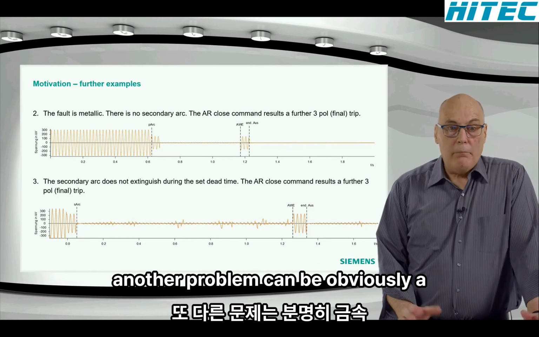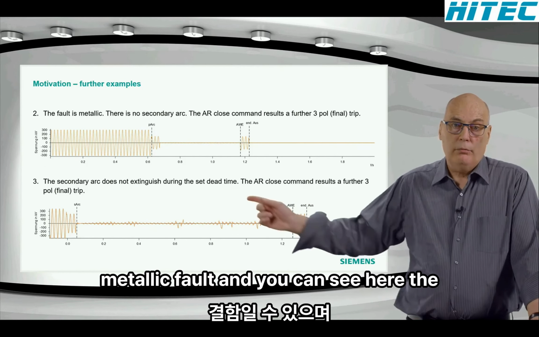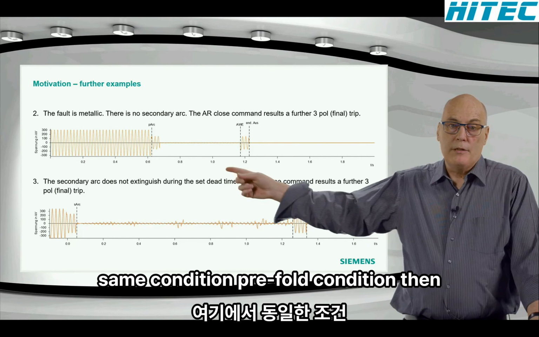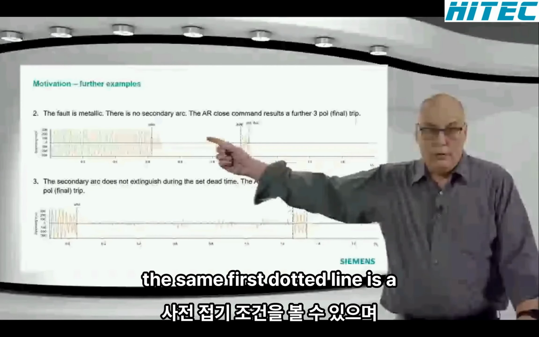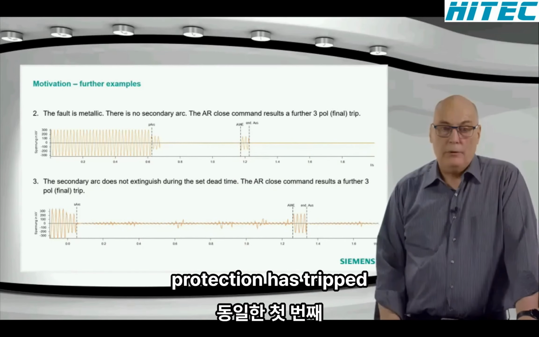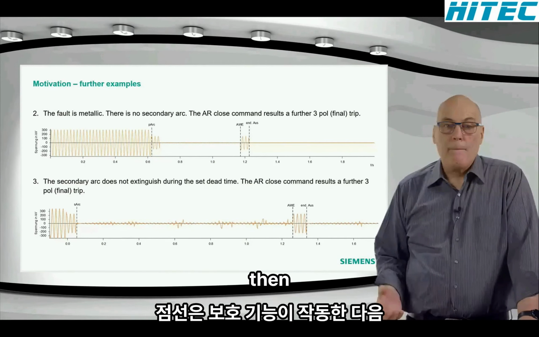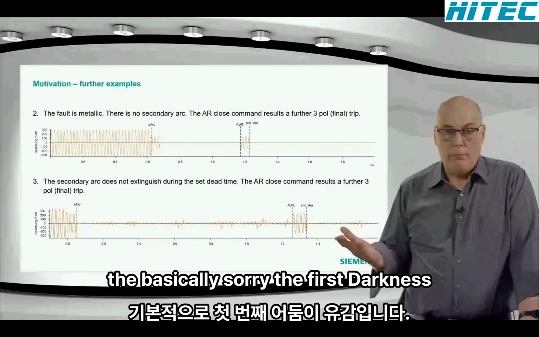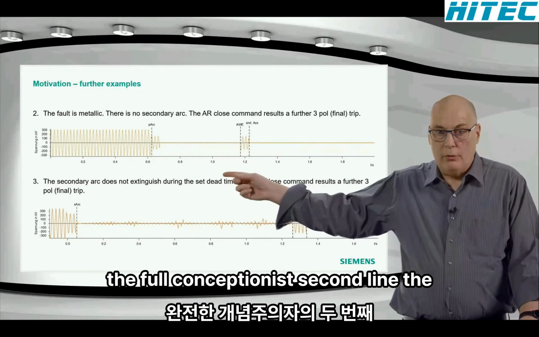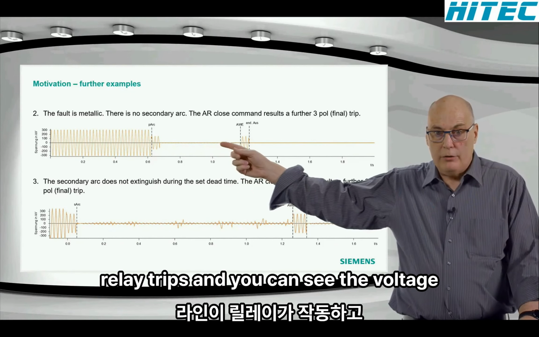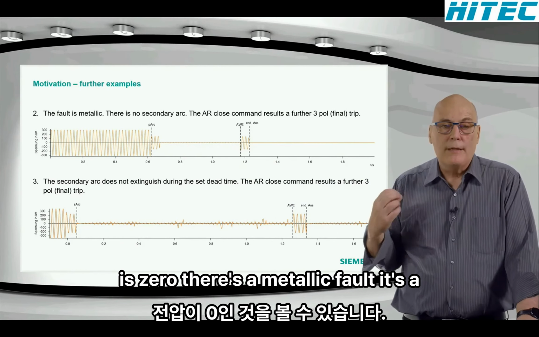Another problem can be, obviously, a metallic fault. You can see here the same pre-fault condition. Then the first dotted line is the fault inception. The second line, the relay trips, and you can see the voltage is 0. There's a metallic fault.